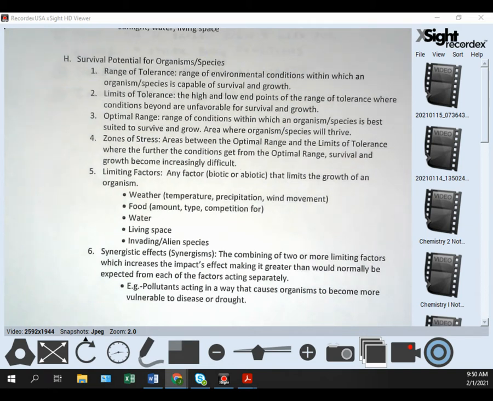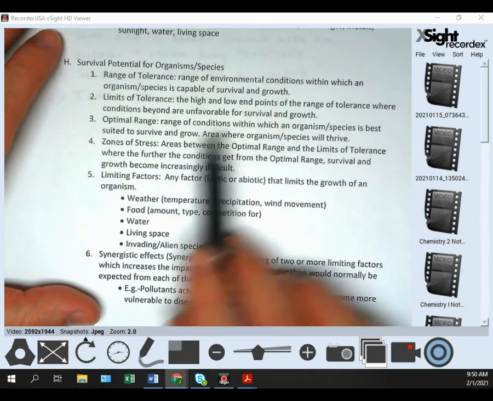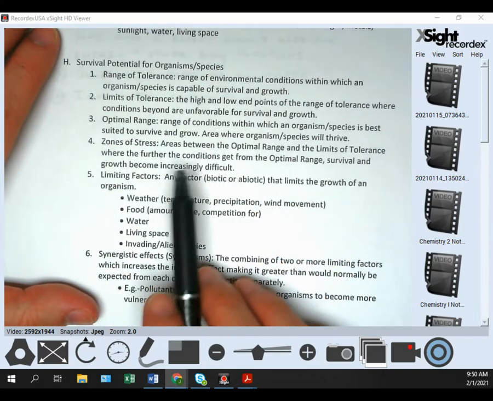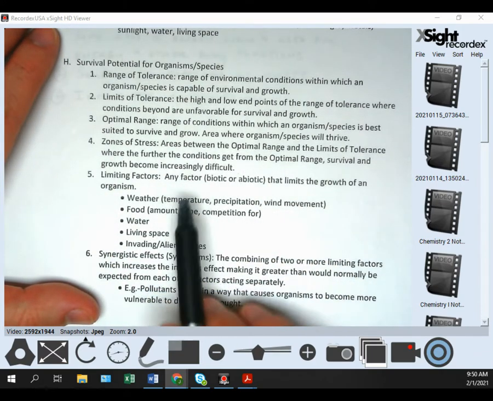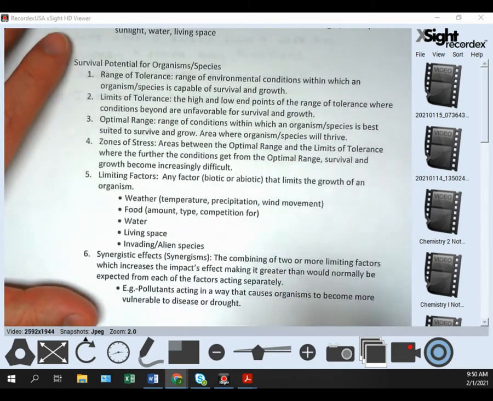Okay, now, the range of tolerance and all this other stuff has to do with limiting factors and how the limiting factors affect an organism.